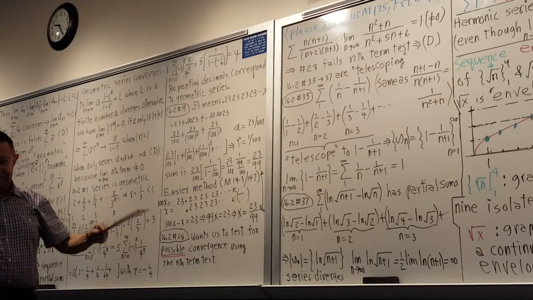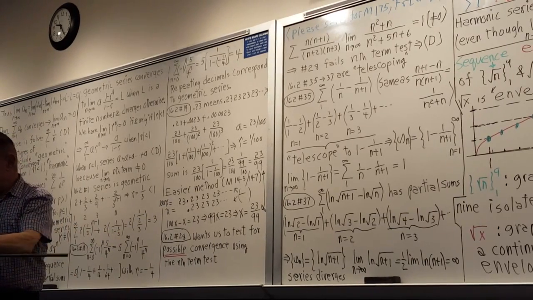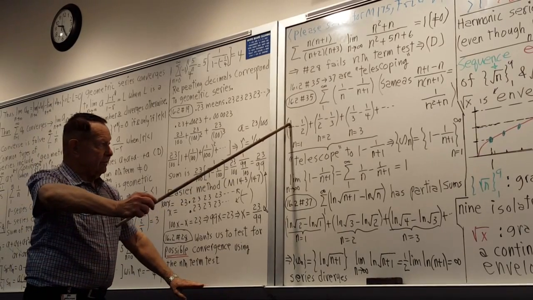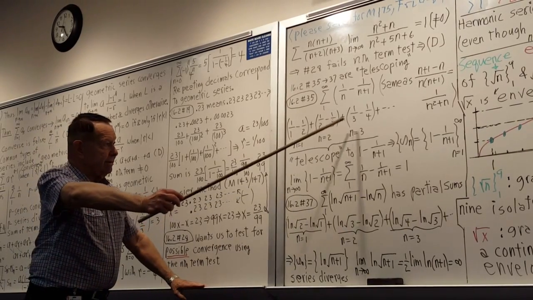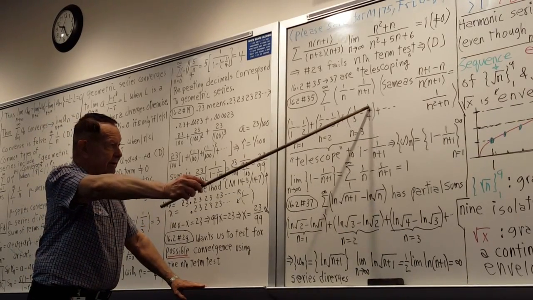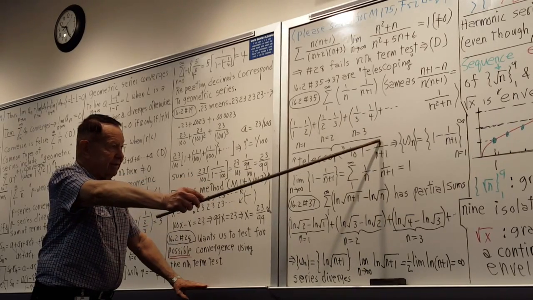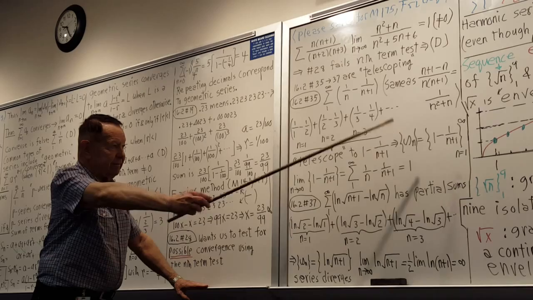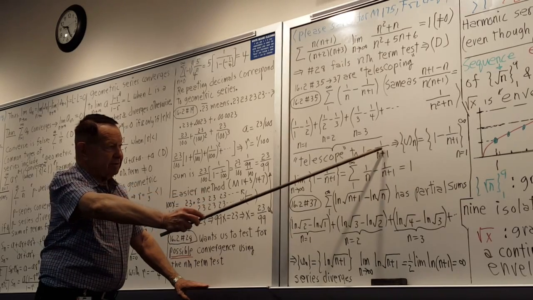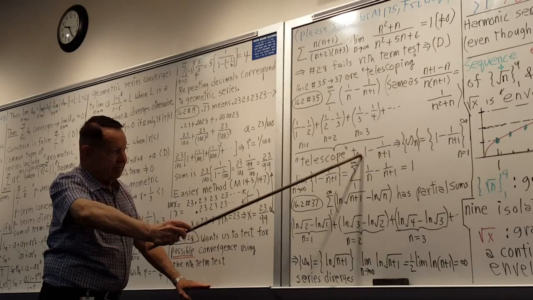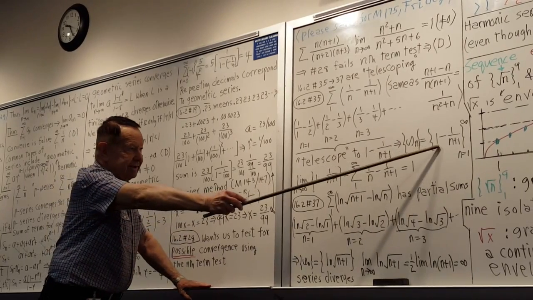And so it telescopes in that way, the telescope collapses to the first term, 1, and then over here, the last fraction you'd have in your partial sum, 1 over n plus 1. So your sequence of partial sums, then, is the sequence of expressions like this.